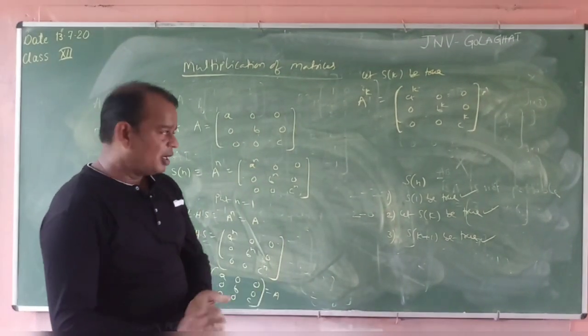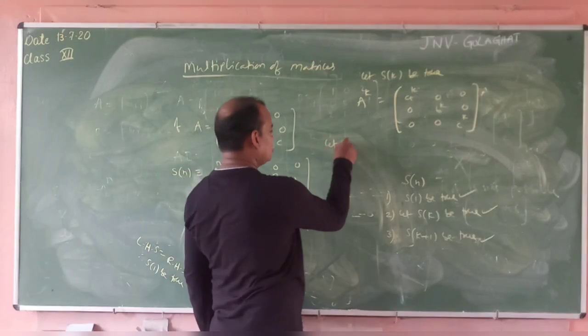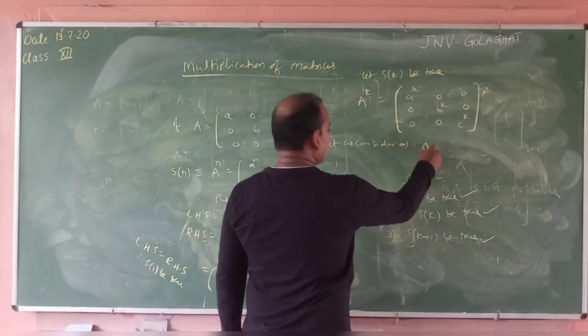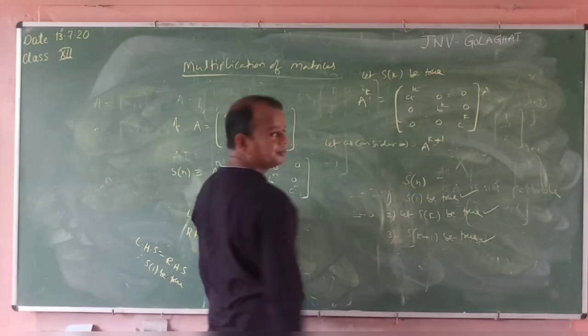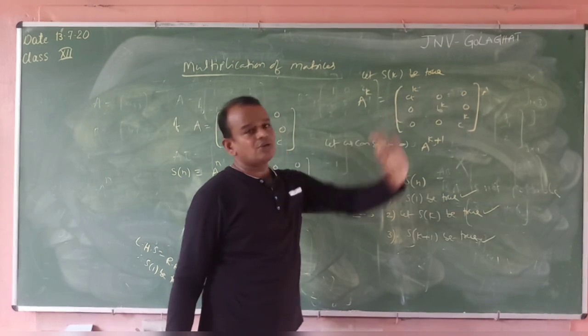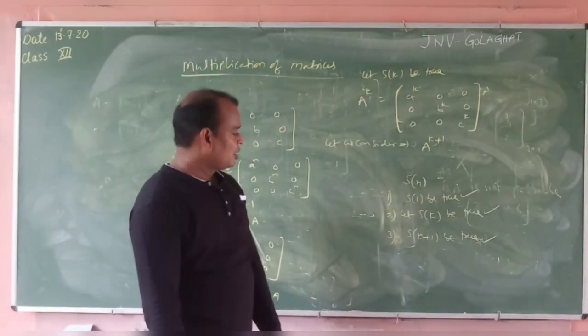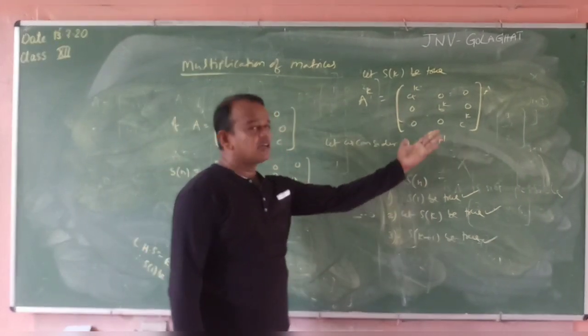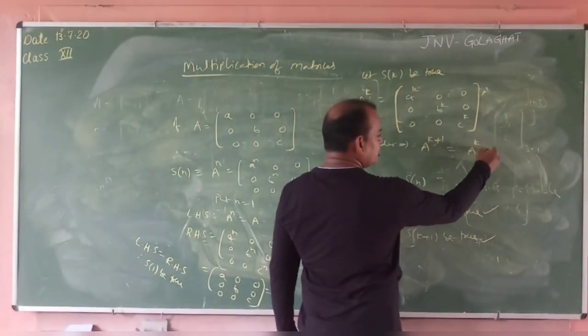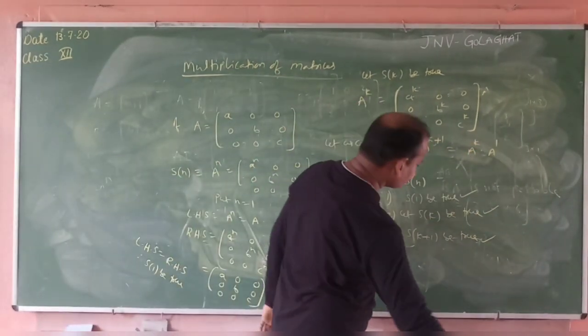Now let us consider A power k plus 1. What do you have to prove? A power k plus 1, in that way you have to prove. S of k plus 1 is true means A power k plus 1. How to write this? A power k into A power 1.